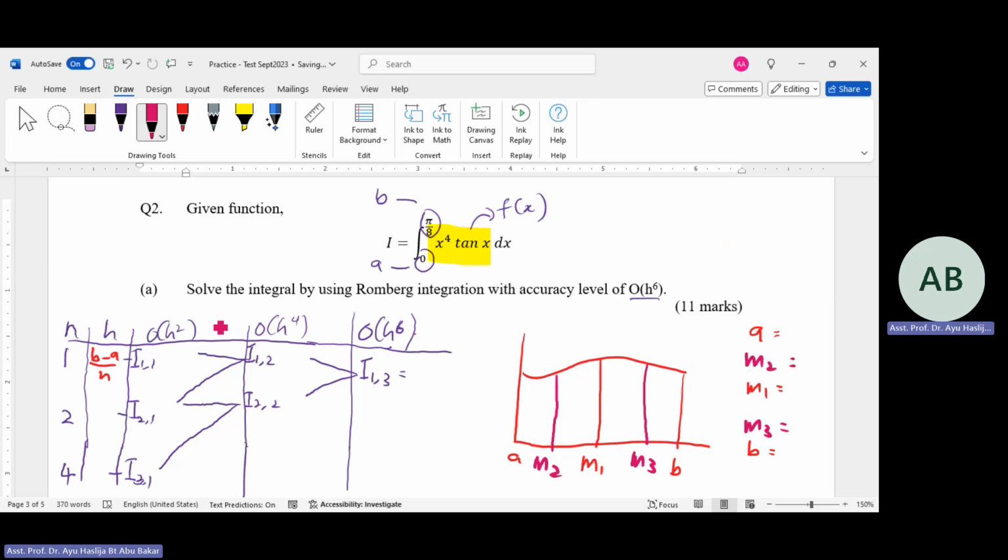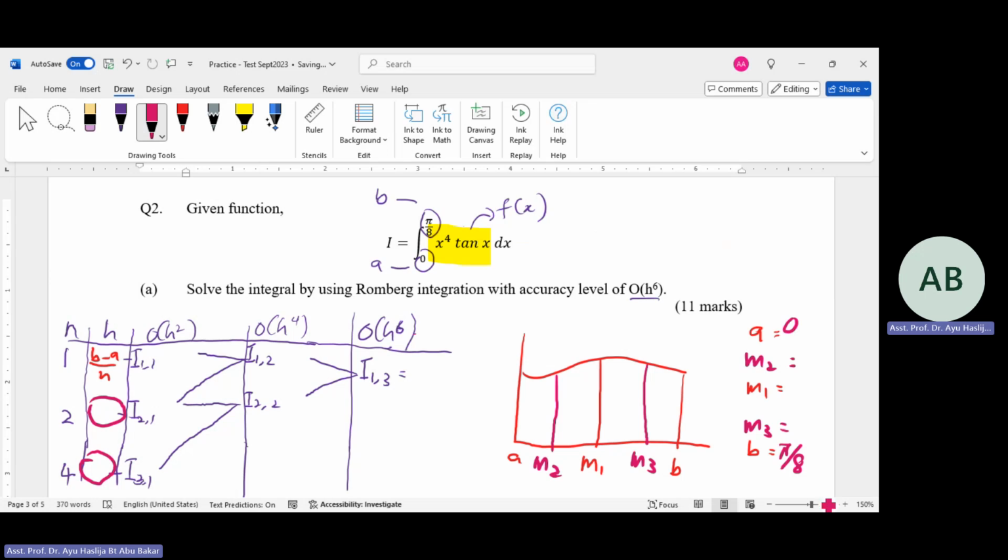Find out the H value, then you will get your data points. A is given 0, B is pi over 8.